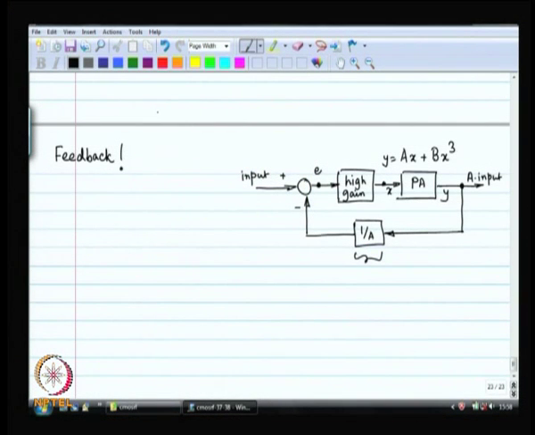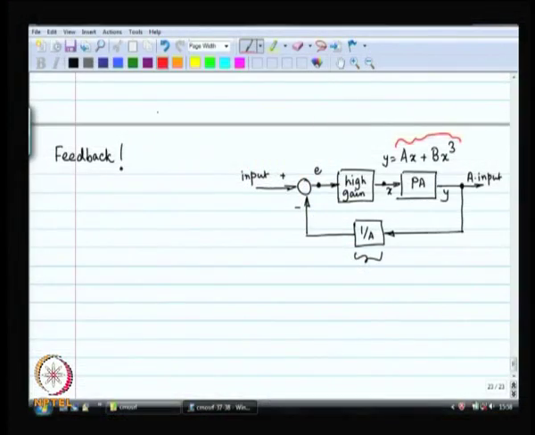So, we are basically relying on the linearity of the feedback circuit, right. It really does not matter what that polynomial over here is, it does not matter what this polynomial over here is, as long as you have got high gain over here, this will always work. What do you think?